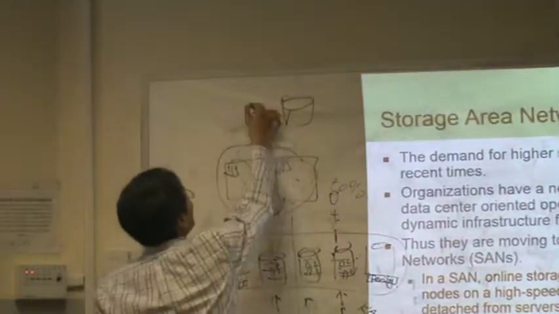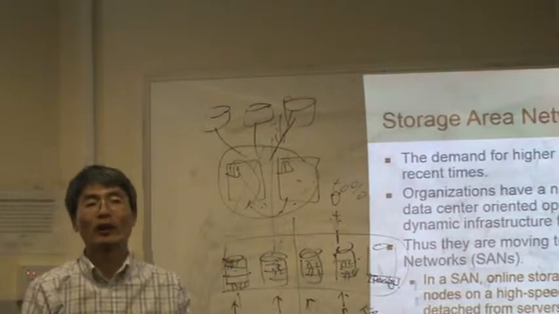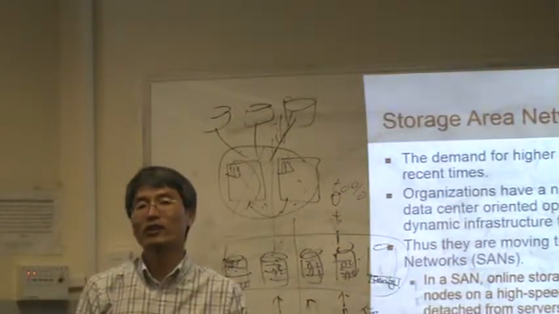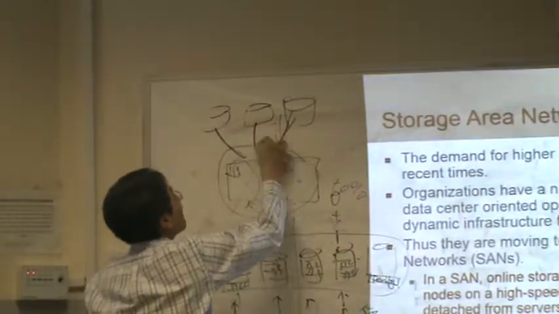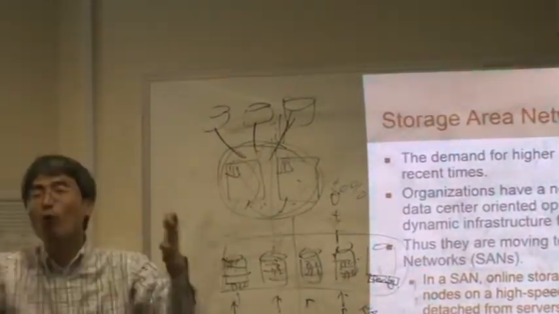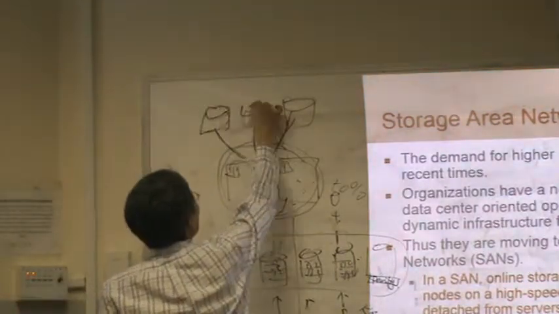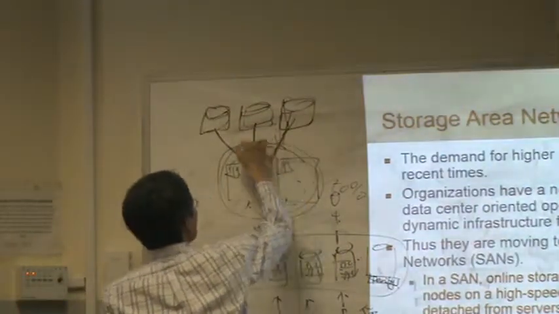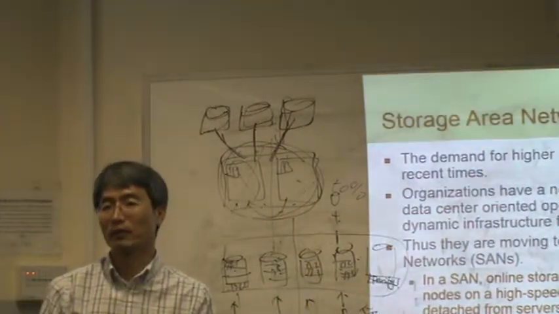So we need to let all the computers share this very expensive hard disk drive. So we are going to implement a network based on the storage, which means all the computers can access this storage box like a local hard disk drive.